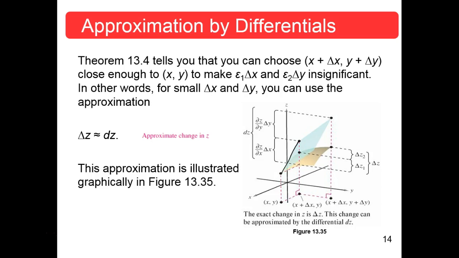But this is on the same plane as that. So when you project this back to here, so you're on the plane that has this, then that's the point. So that is a key point. It's where this point is projected back onto this plane. So this then makes this the delta z, and this makes it the dz here.